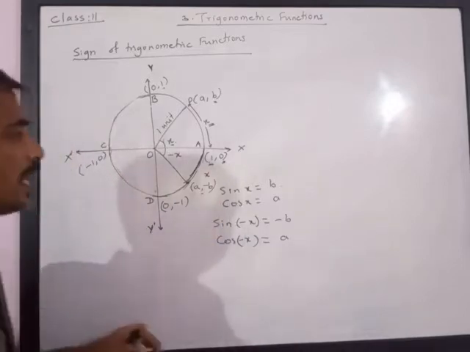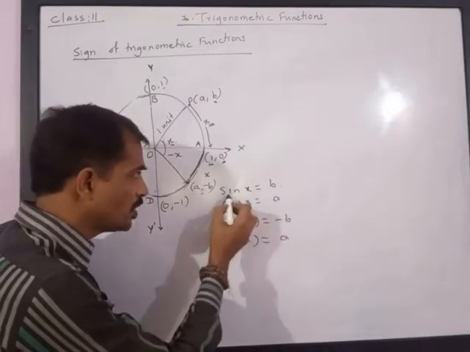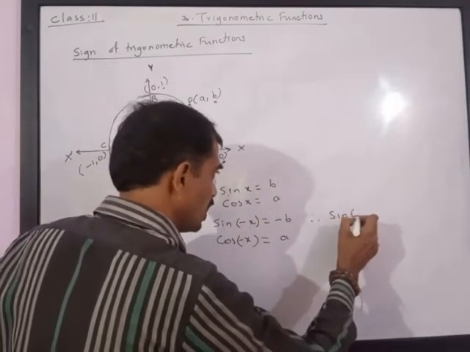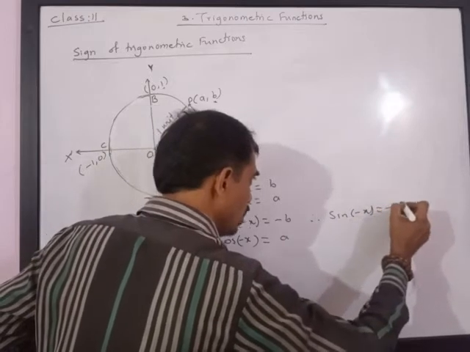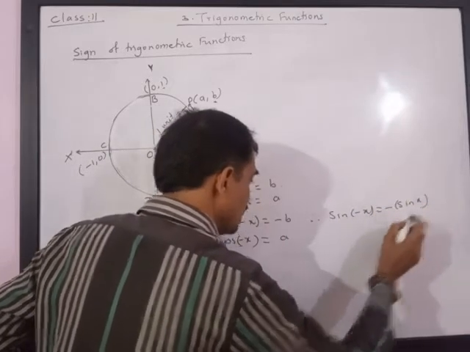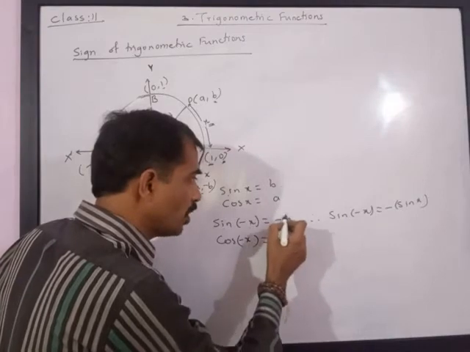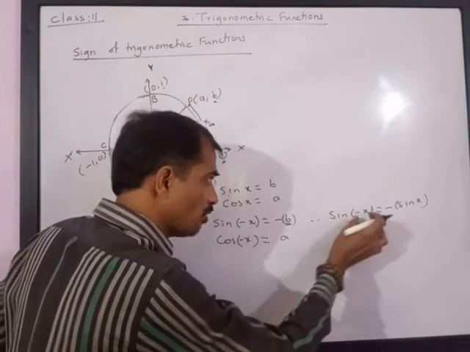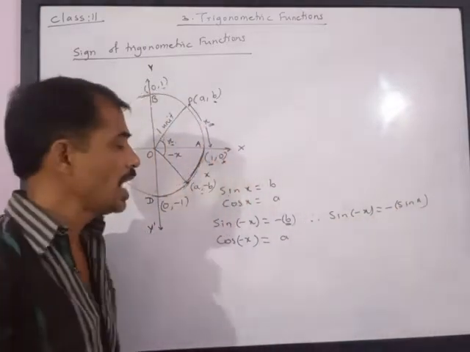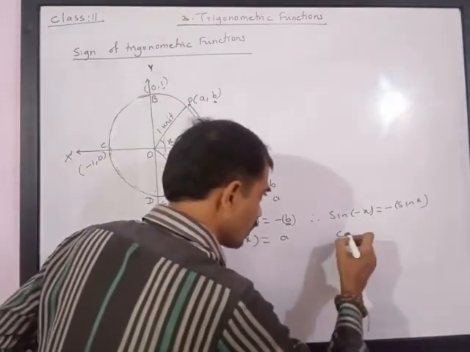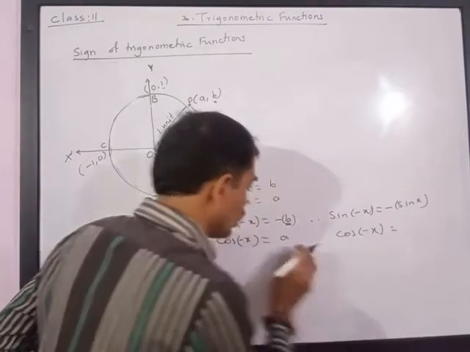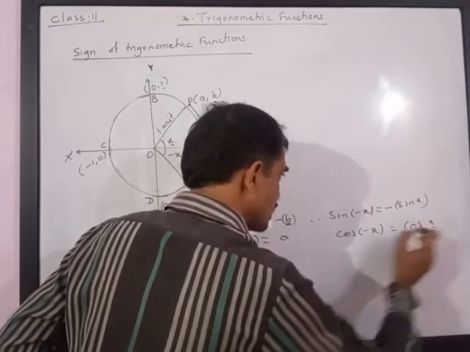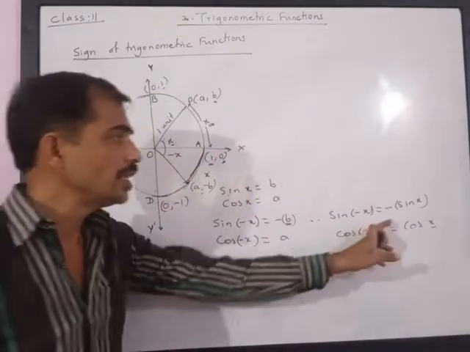From this we understand that sin of negative x is equal to negative sin x, since b is equal to sin x. So if you put the sin x value, you will get negative sin x, meaning sin of negative x is equal to minus sin x, and cos of negative x is equal to cos x itself. So cos of negative x is equal to cos x, and sin of negative x is equal to negative sin x.